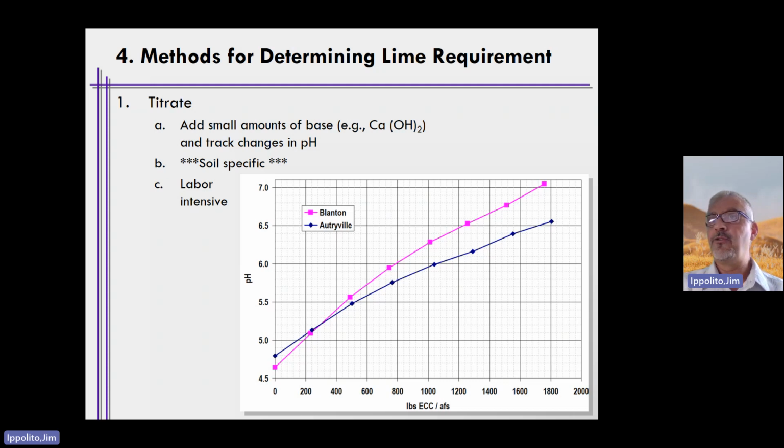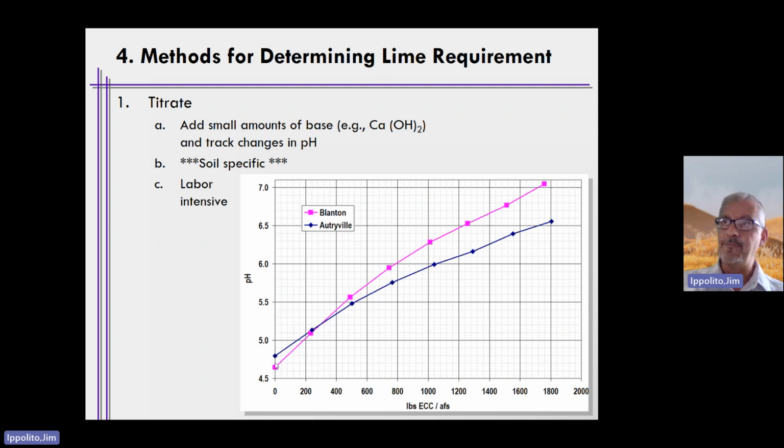And so here's an example. Here's two different types of soils, soil series, I'm guessing. Here's pH and basically the amount of calcium carbonate or lime to add per acre furrow slice. And the curves tell you a story. They tell you, okay, here's the starting point of these soils in terms of pH.